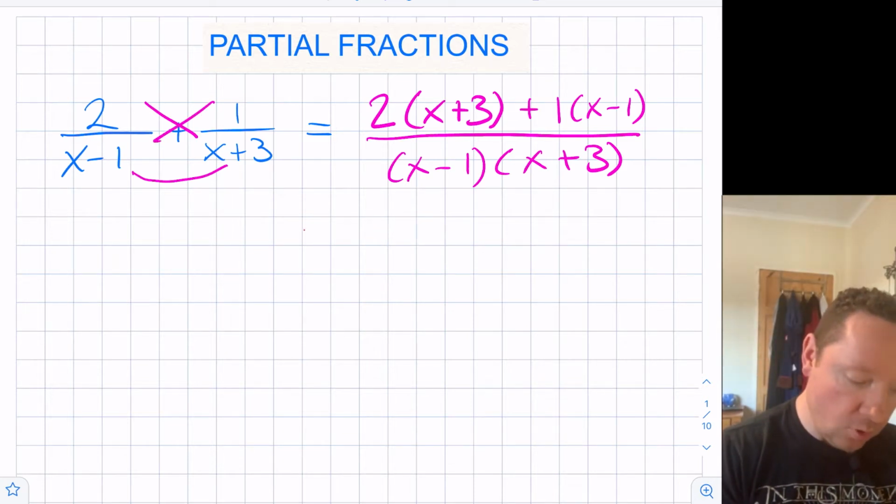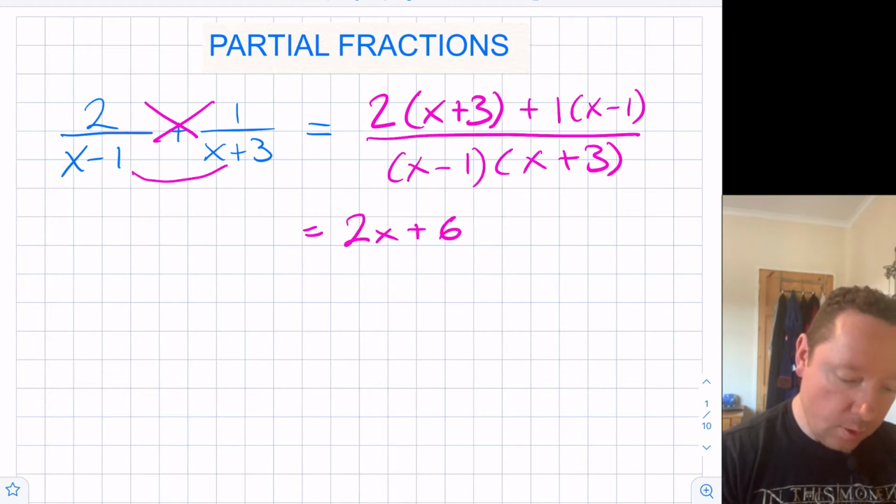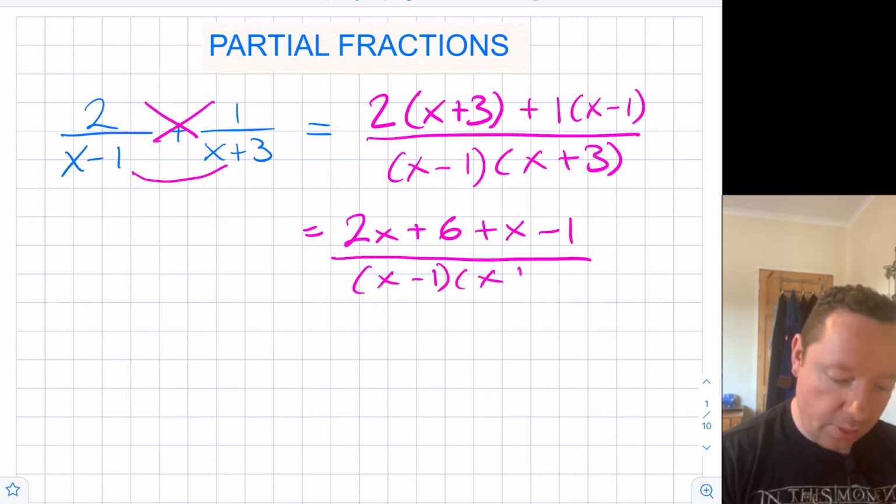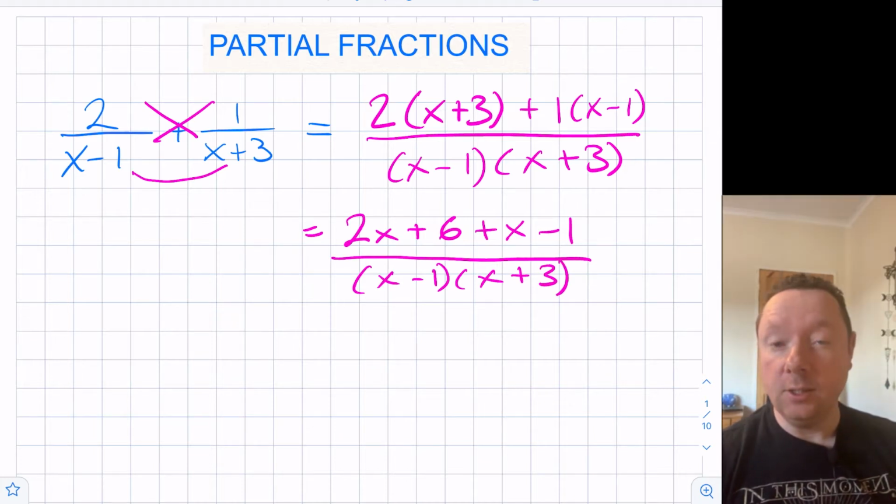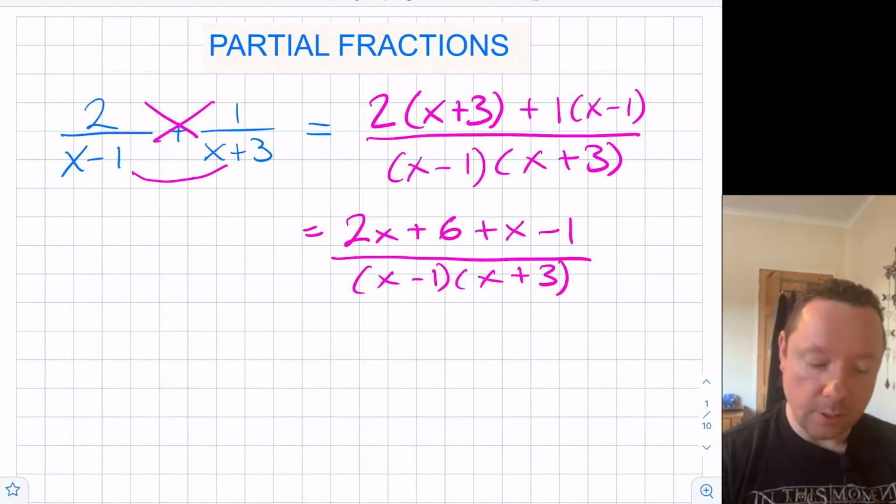So if I simplify the top, that gives me 2x add 6 plus x, take away 1 all over our bottom, which will leave factorised x minus 1 and x plus 3, because a factorised expression is simpler than an unfactorised expression.